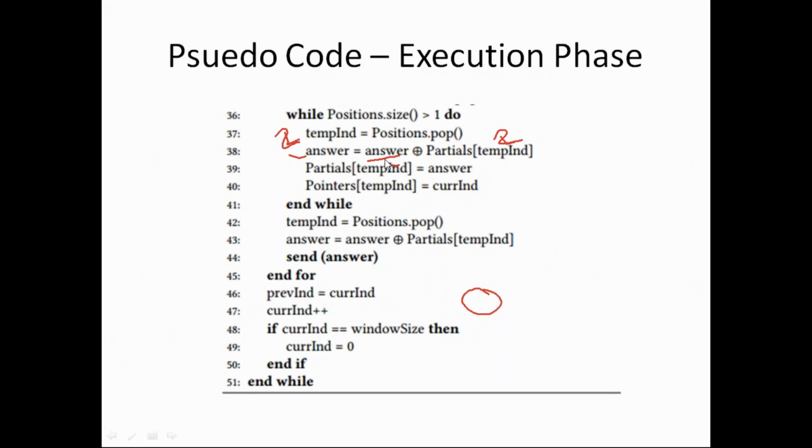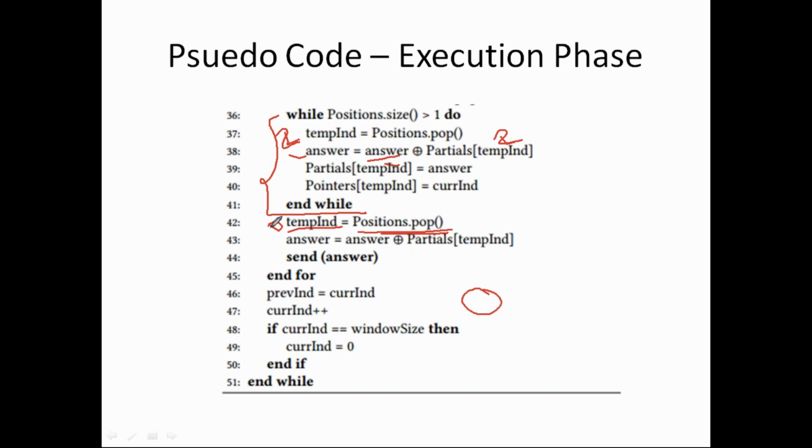Now look at this. What is the size of positions now? 1. Should I enter this loop? No, so the loop is over now. Now what will position.pop give you? It will give 0.